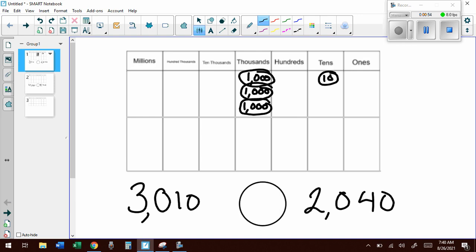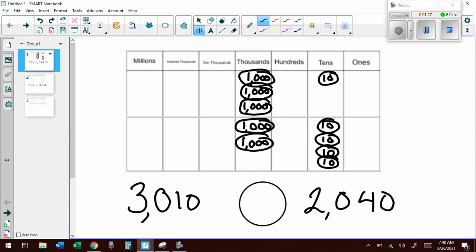Now on the other side, we have two 1,000s, one 1,000, two 1,000. We have 0 hundreds, and we have 4 tens. Now, by looking at these place values, you could argue either way.